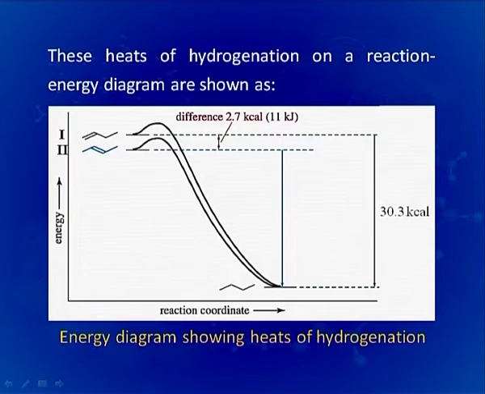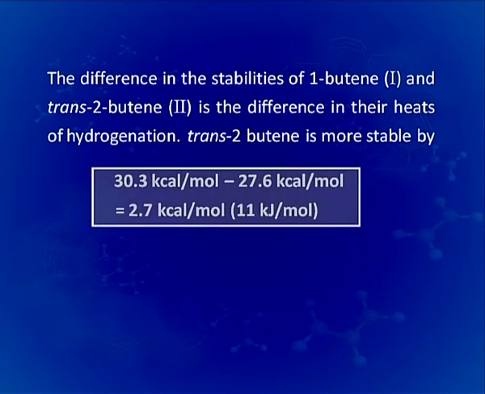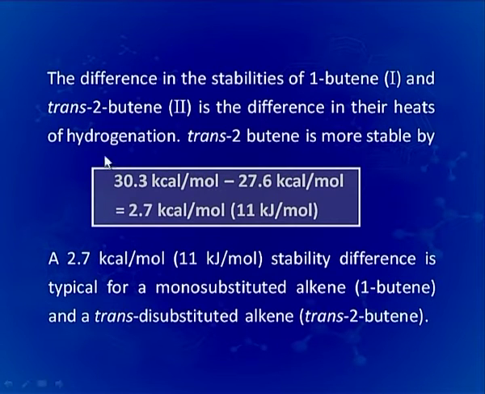You can see that between butene 1 and butene 2 there is a difference of about 2.7 kilocalories per mole. The difference in the stabilities of butene 1 and butene 2, where we have taken trans 2 butene, is the difference in their heats of hydrogenation, and we observe that trans 2 butene is more stable by about 2.7 kilocalories per mole.